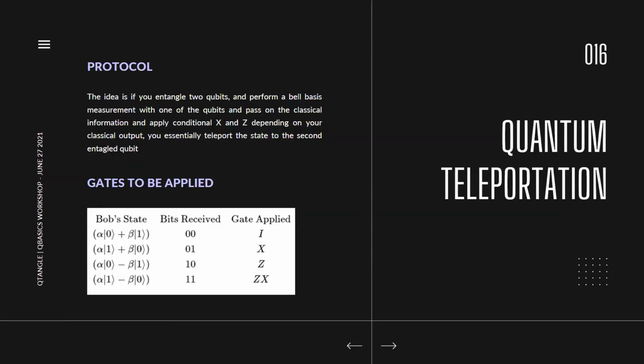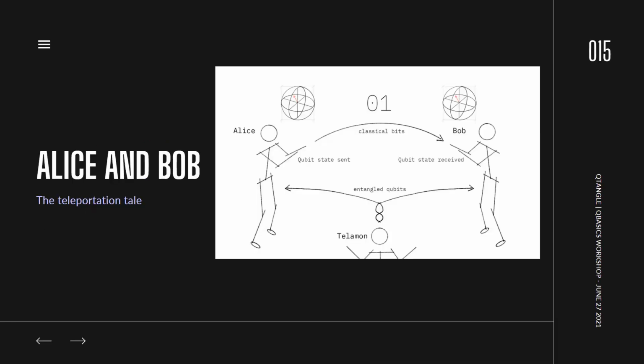So what does Telemon come up with? Telemon is going to entangle two qubits, and he's going to give one each to Alice and Bob. Telemon says to Alice that you're going to perform what is called a Bell measurement, and you're going to pass the Bell measurement value to Bob.